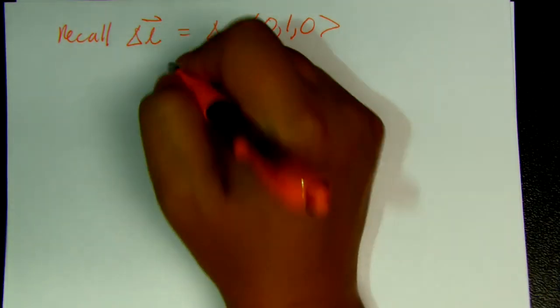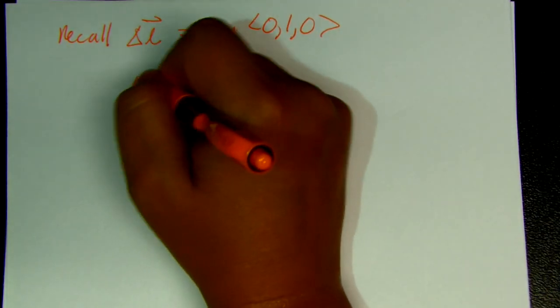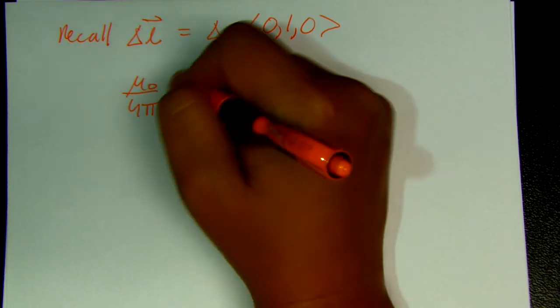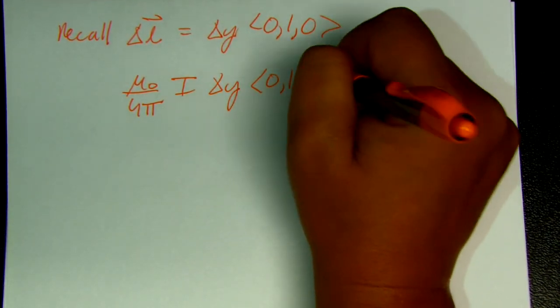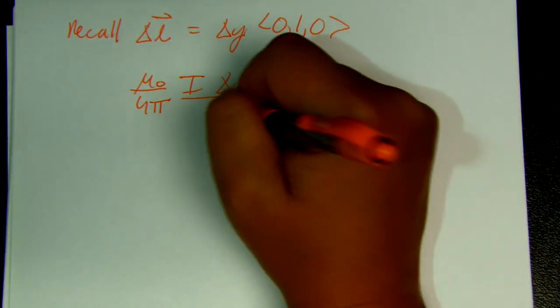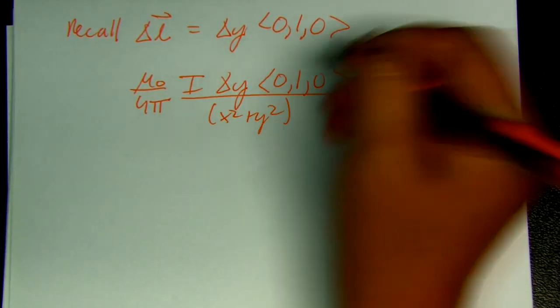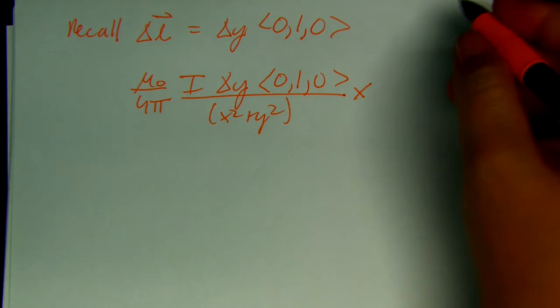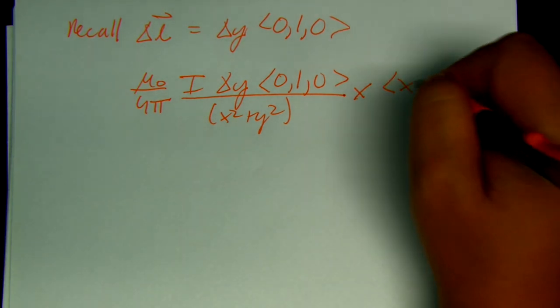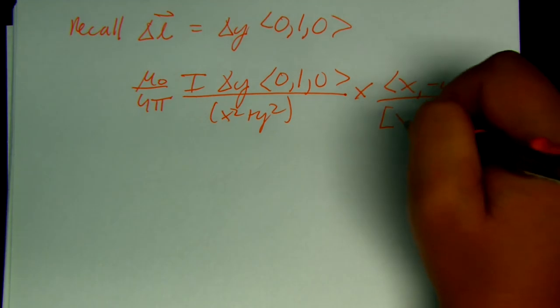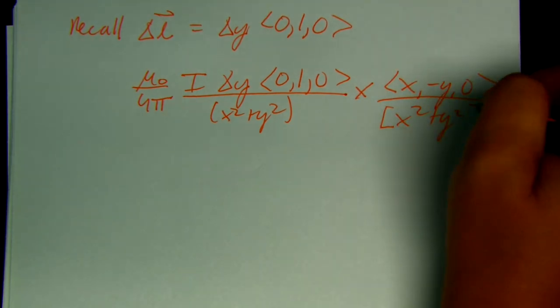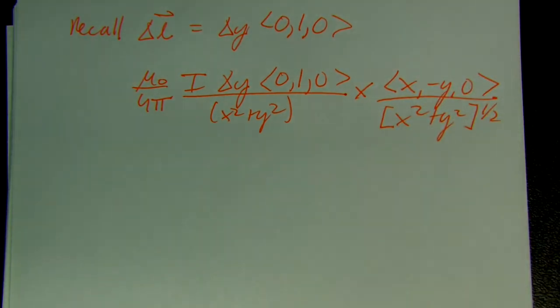So we can plug that into our expression, and we get mu naught over 4 pi, I delta y (0, 1, 0) over x squared plus y squared. And we'll do the cross product of that with (x, -y, 0) over (x squared plus y squared) to the 1/2.